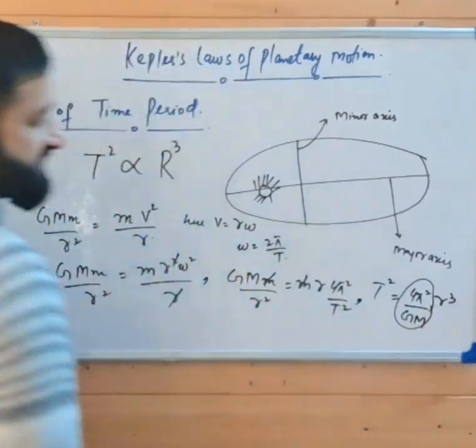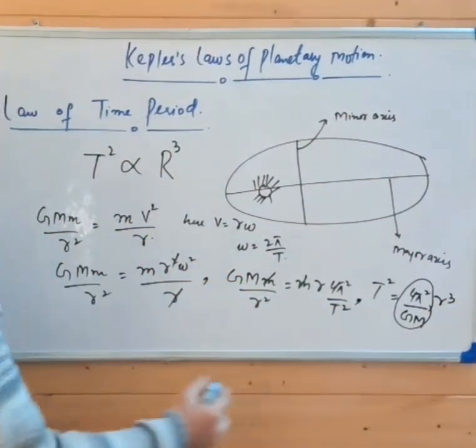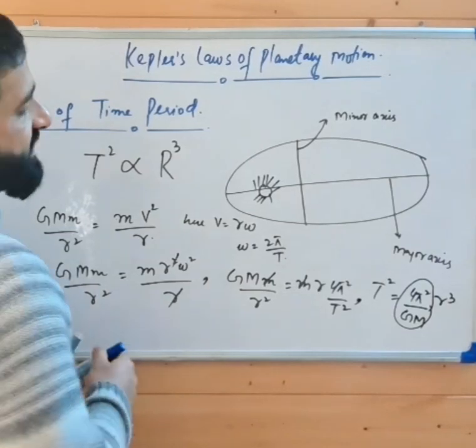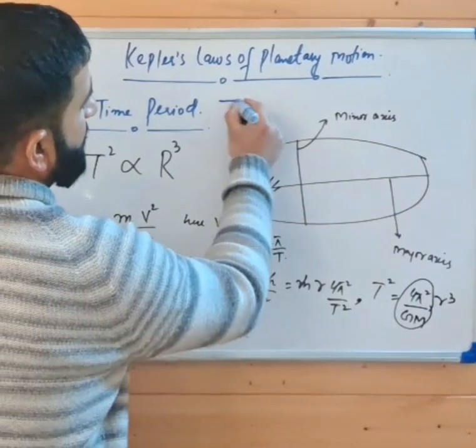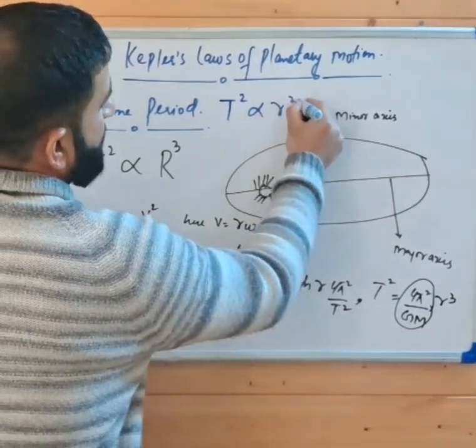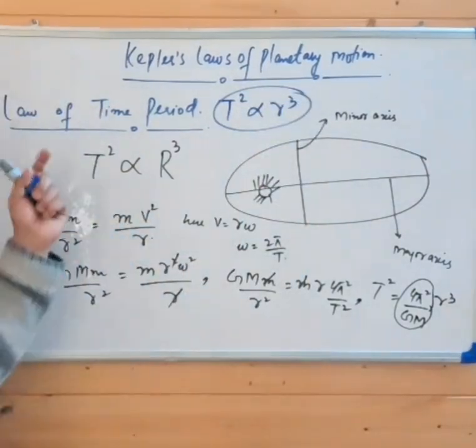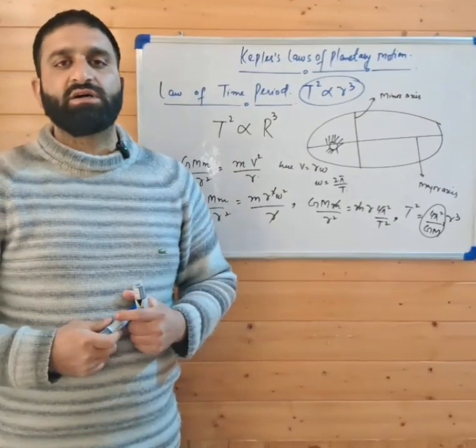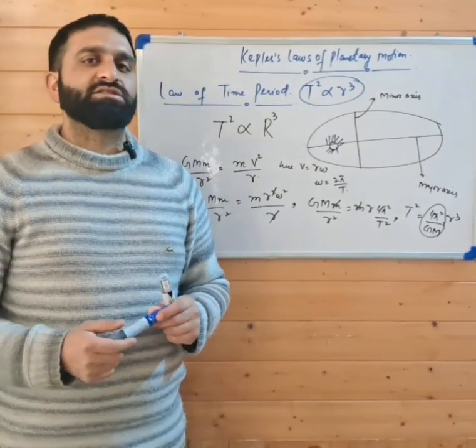As this is a constant, from this equation we can tell that T squared is directly proportional to r cubed, which is Kepler's law of time period, or Kepler's third law. This completes our gravitation.